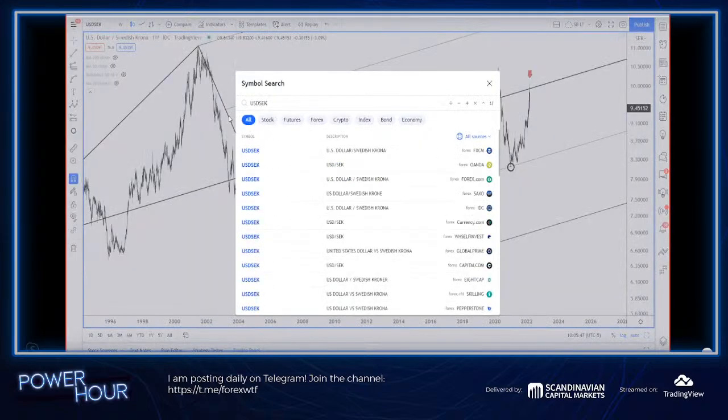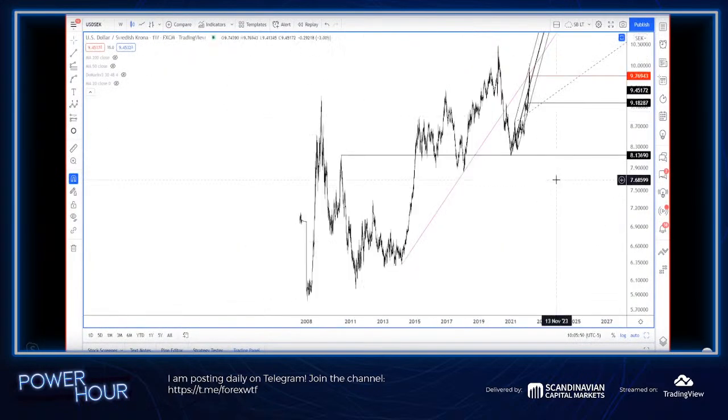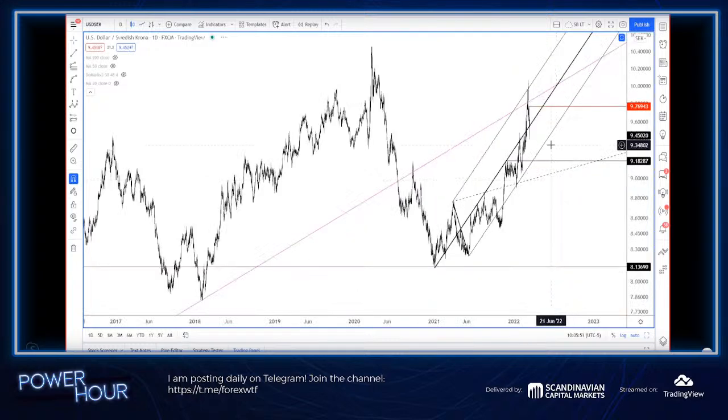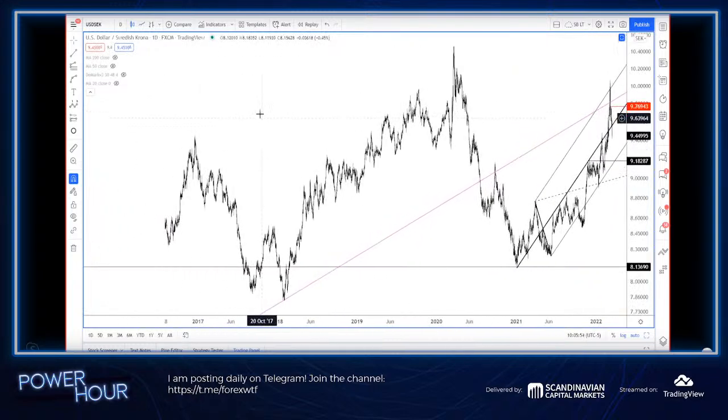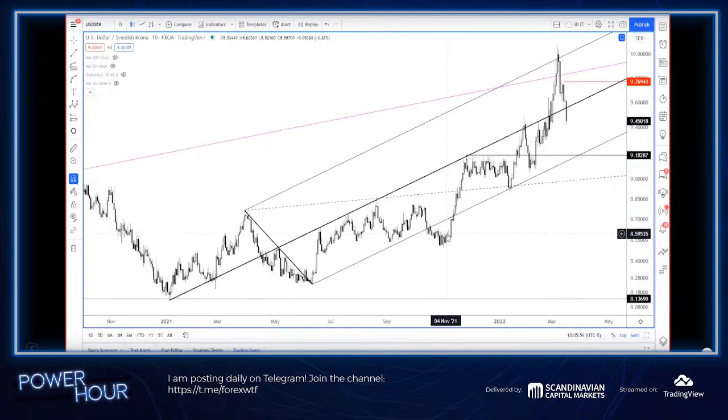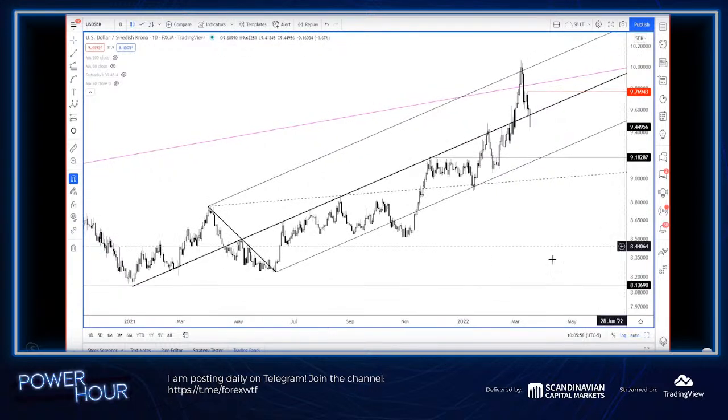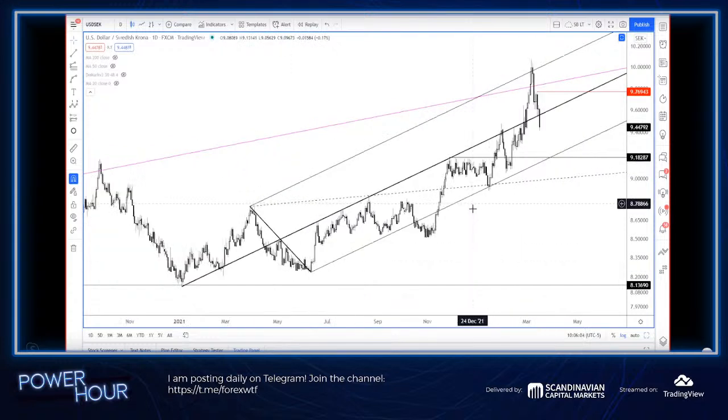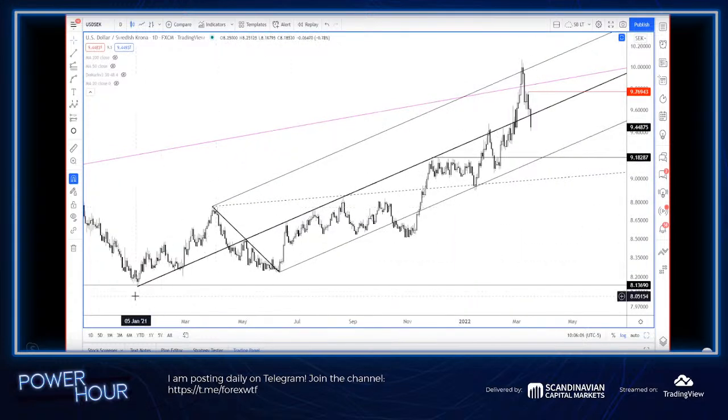So let's go a little shorter term here. Let's go to a daily chart. All right. So this is the daily chart, and this is the fork, for those of you that think I'm talking about dining, where I'm not. I'm talking about Pitchfork, which is a channeling tool used in technical analysis.